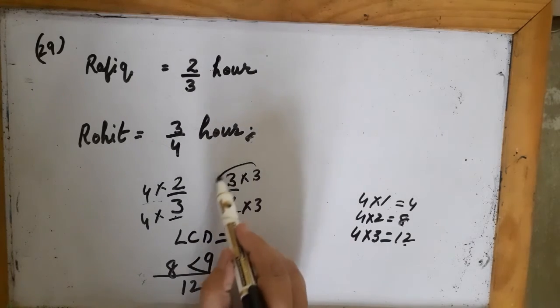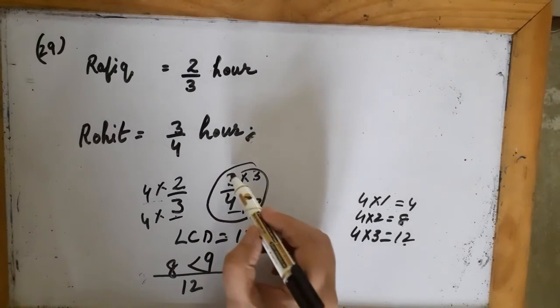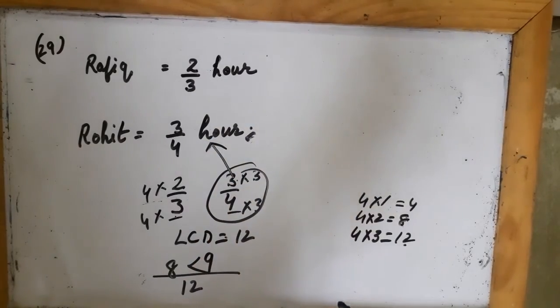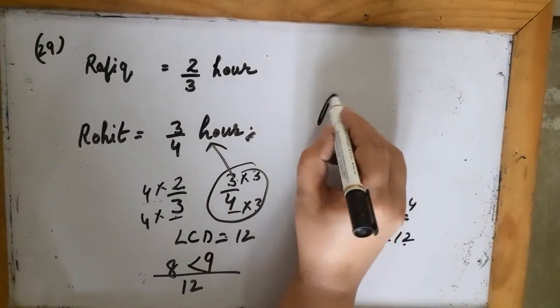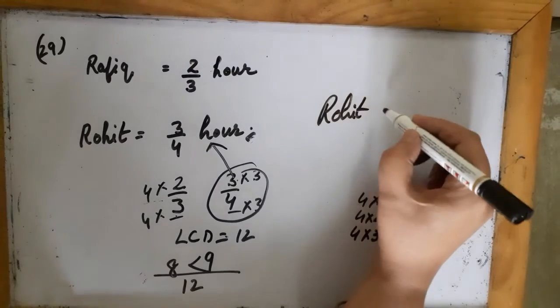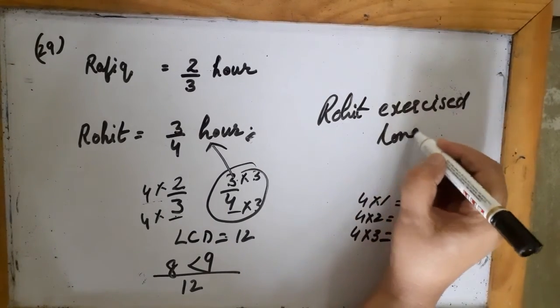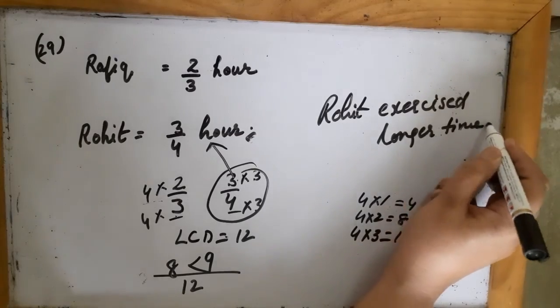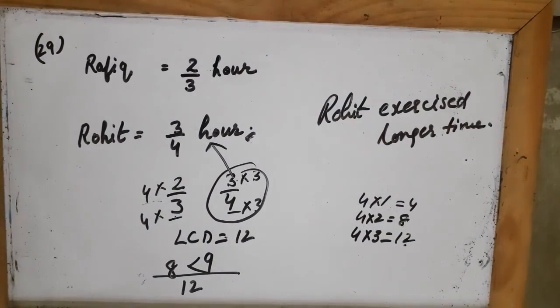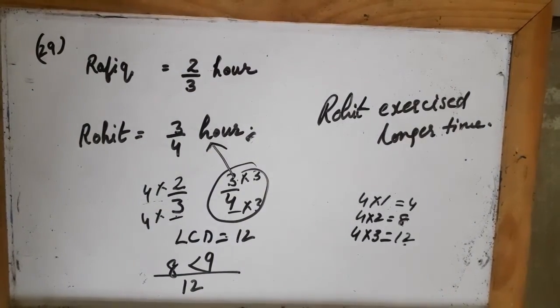So 9 belongs to which fraction? 3 by 4, and 3 by 4 belongs to Rohit. So Rohit exercised for a longer time. So there are two ways of getting the answer. First of all, we have to compare the fractions, and for comparing you can apply any of the methods.